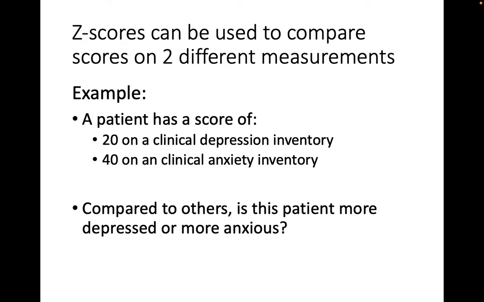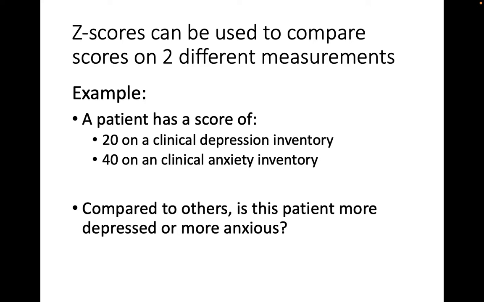In this regard, z-scores are very useful to be able to compare scores from two different measurement instruments. So here's an example. We've got a clinical patient, and they've got a score of 20 on a clinical depression inventory and a score of 40 on a clinical anxiety inventory.